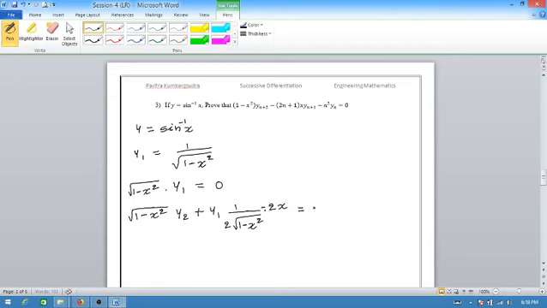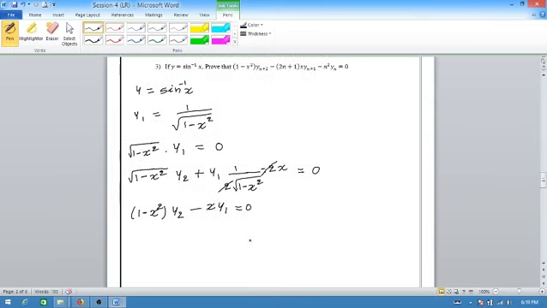So that is equal to 0, right? Now 2 get cancelled. Take the LCM, root of 1 minus x square is LCM, so that will be 1 minus x square y2 minus x y1 is equal to 0, right?